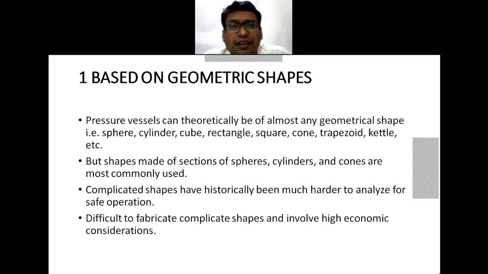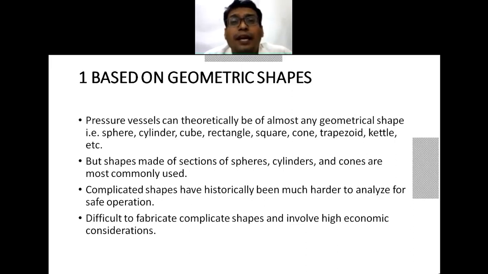Theoretically speaking, one can fabricate any shape, whether it be a sphere, cylinder, cube, rectangle, square, cone, trapezoid, or kettle type, whatever shape you can imagine. But is that fabrication process a simple one, or a complicated one?